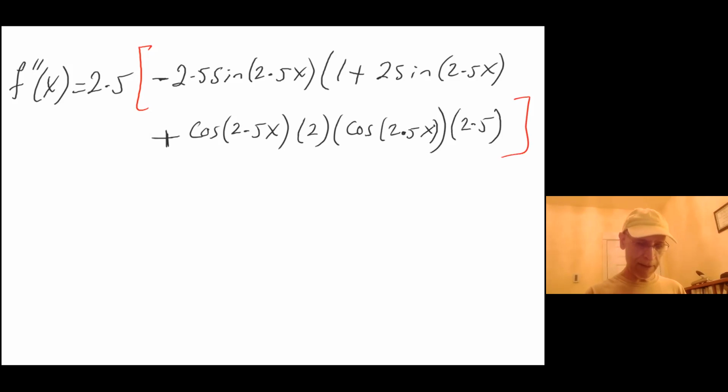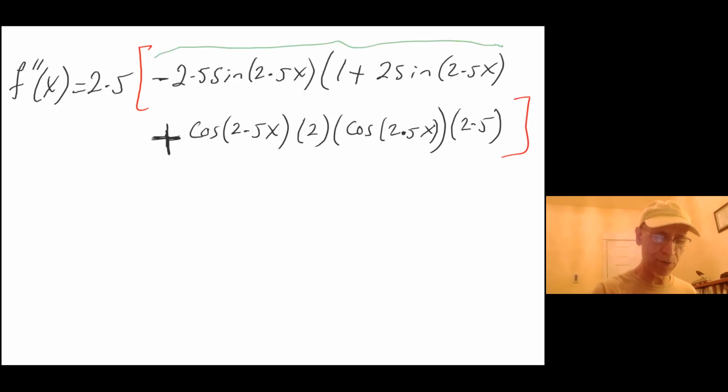So now let me go ahead and distribute. I have two parts here. Let's look at this plus sign. Let's say that I have the first part in here, and now I'm going to distribute the negative 2.5 sine of 2.5x into this and into this.